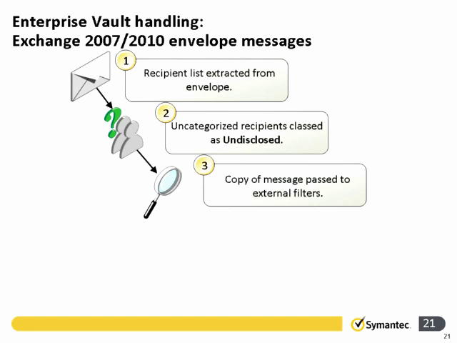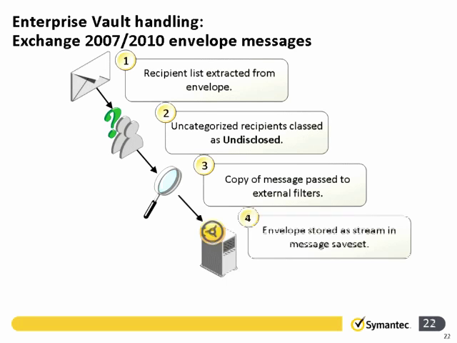We will then make a copy of the message and pass that to any external filter that is going to be used as part of the journal archiving process. And we'll be looking at an example of one of those external filters a little later in the lesson. Then it will take the envelope itself and store it as a stream in a message save set. And when we say message save set, that's going to be a DVS type of file extension.